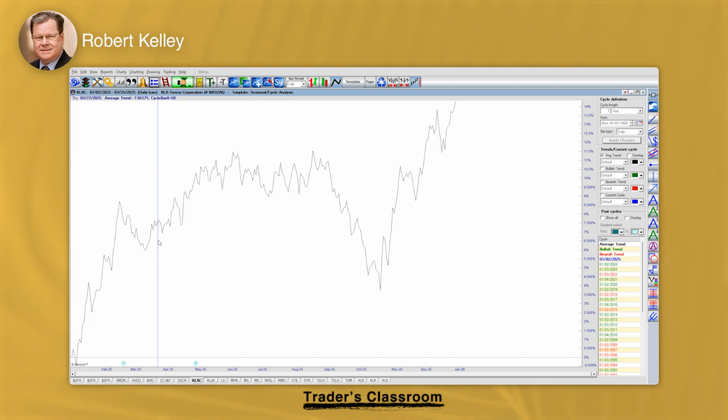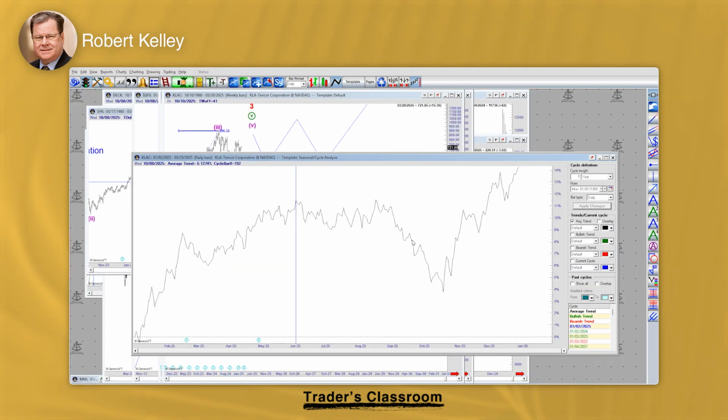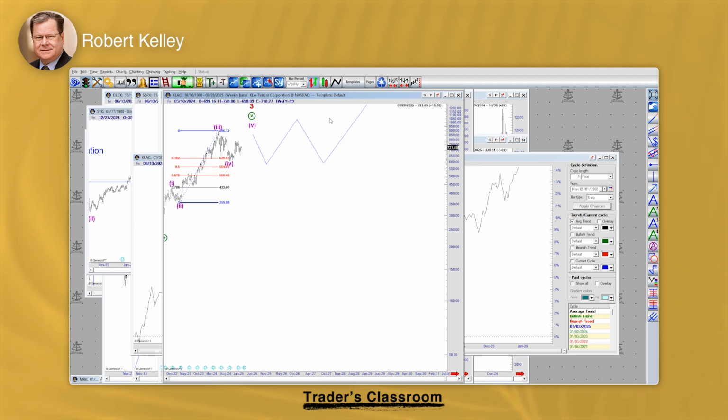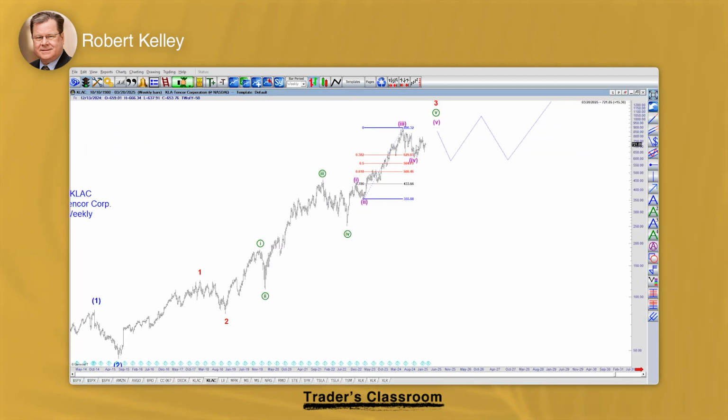There's a tiny little pullback until March 31st, within the pretty solid advance seasonally, going back using the old data, into early June. June 5th is that peak right there. All right, so pretty good seasonal period ahead, and the wave count shows that it's a 5th wave up as expected.